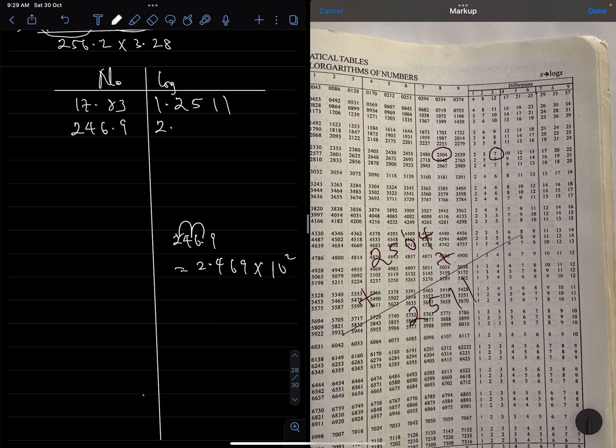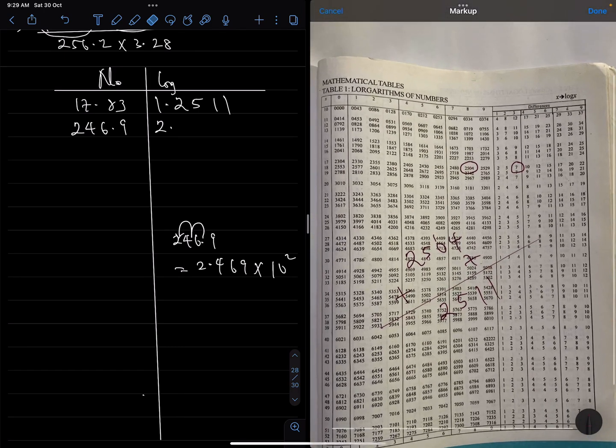And what do you check under the log? 24 under 6, difference 9. Let me try to do it. 24 under 6 is 3909.